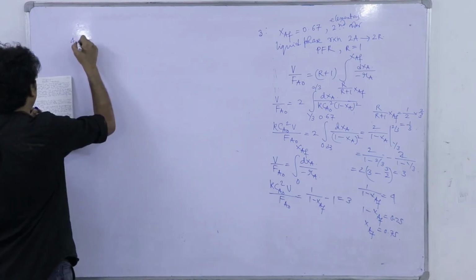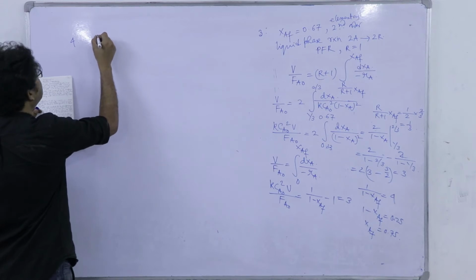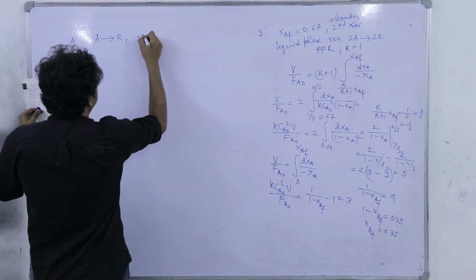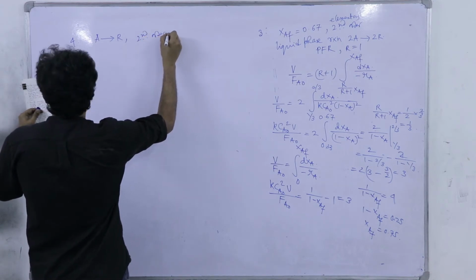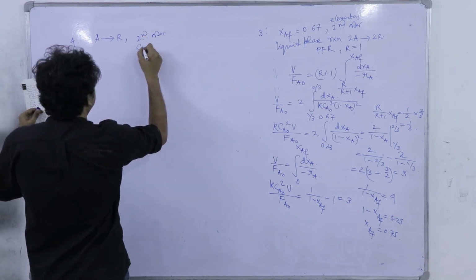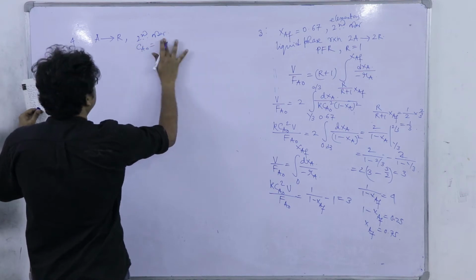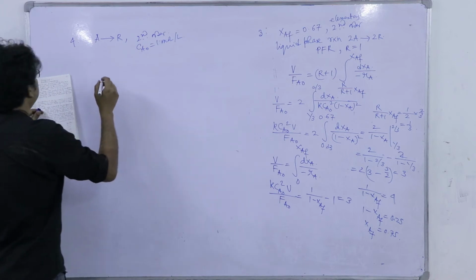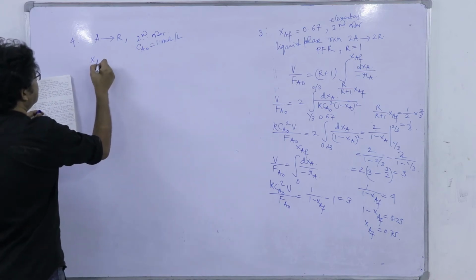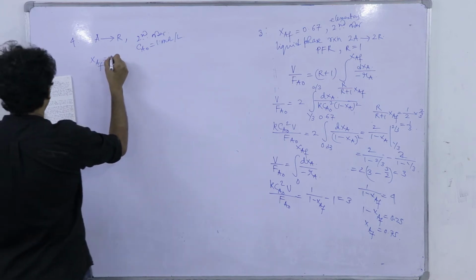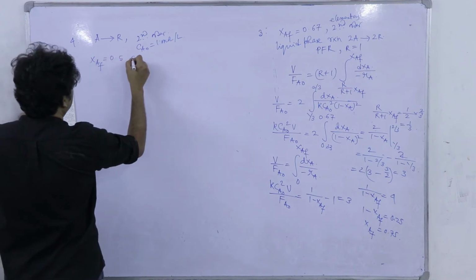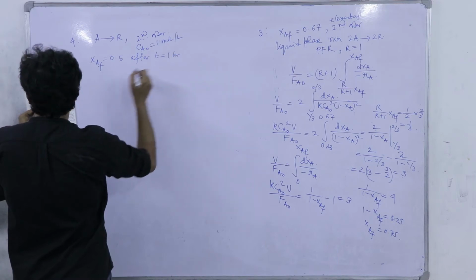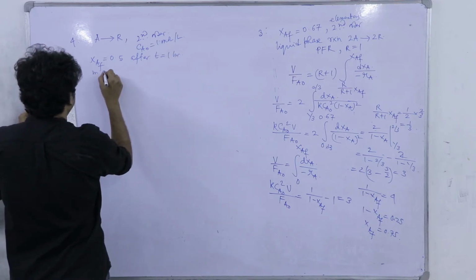Next, 4. For a reaction A giving R, with second order kinetics and Ca naught equal to 1 mole per liter, we get 50% conversion after T equal to 1 hour in a batch reactor.